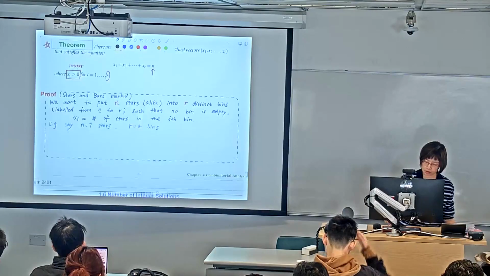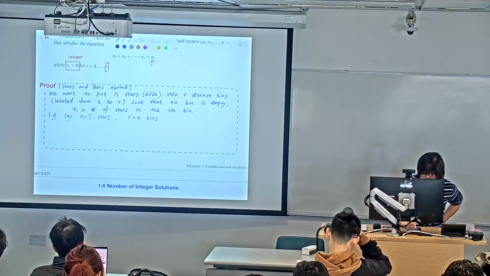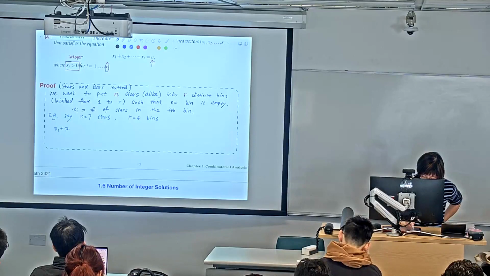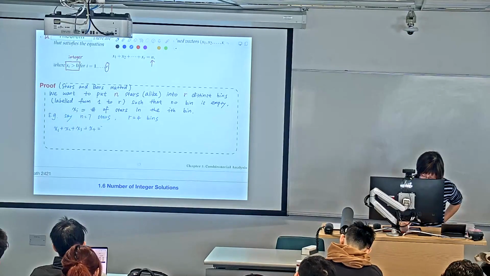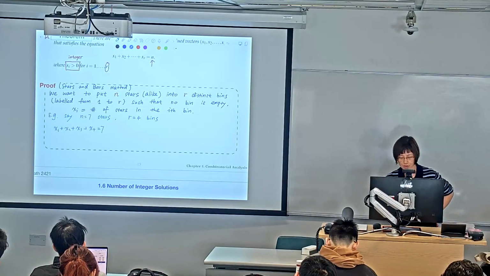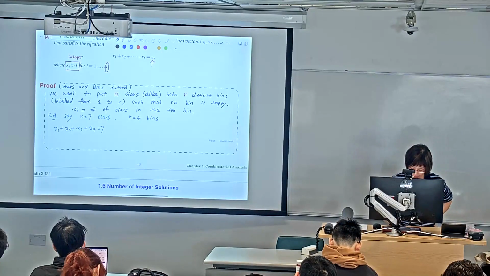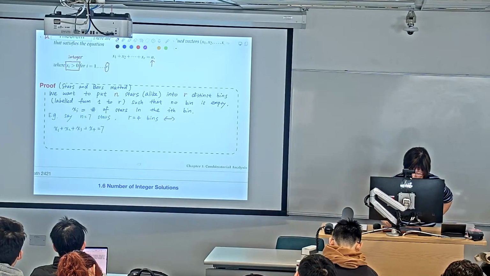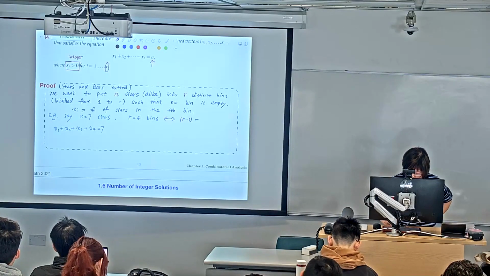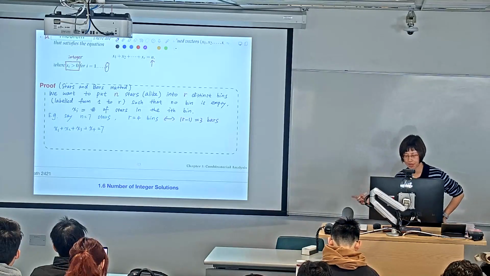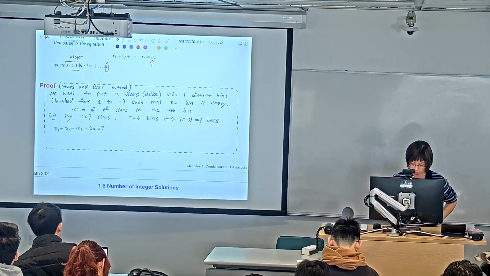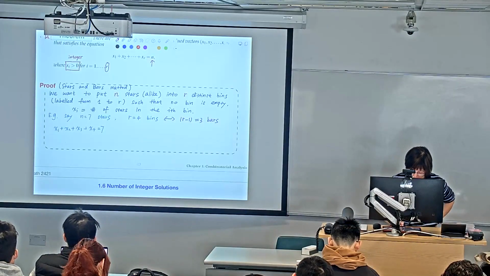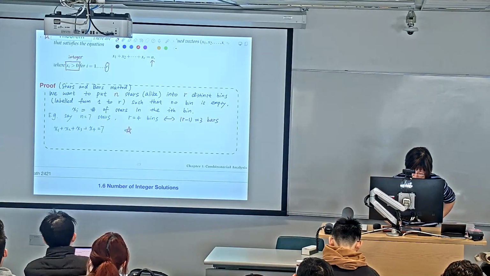This corresponds to x1 plus x2 plus x3 plus x4 equals 7. If we have r equals 4 bins, we use r minus 1 equals 3 bars to separate the stars. So we first line up the 7 stars.